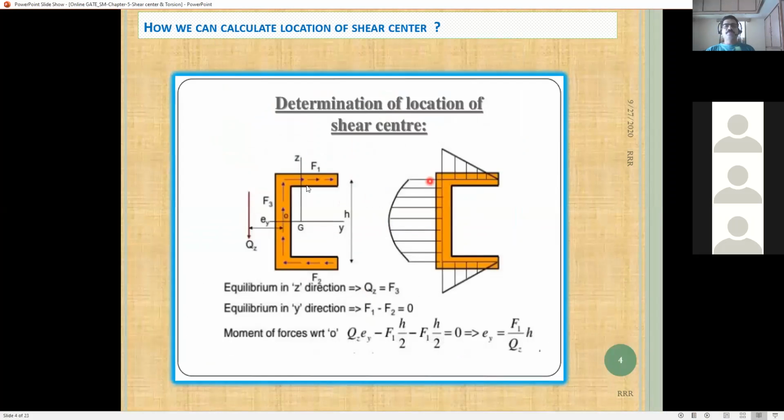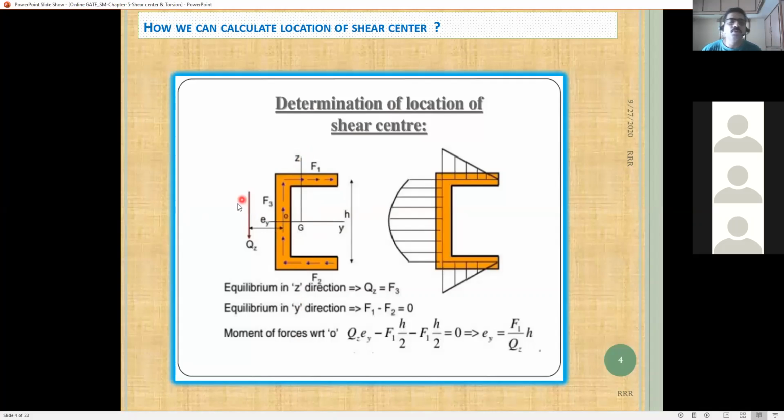If you see, just now we discussed the unsymmetrical section, that is unsymmetrical about the vertical. Please remember, it is symmetrical about the horizontal axis. That means the shear center lies somewhere along the horizontal axis, but it is unsymmetrical about the vertical axis. So the shear center may not lie in the vertical line of symmetry.